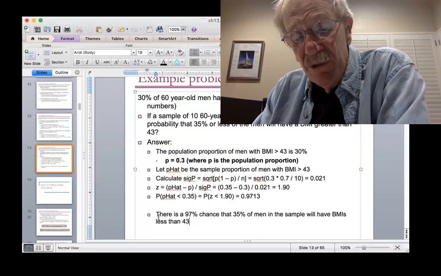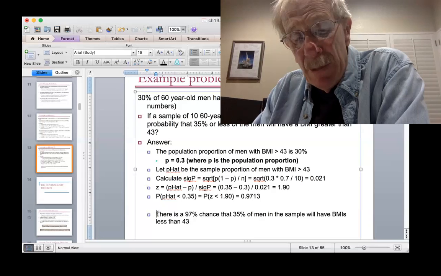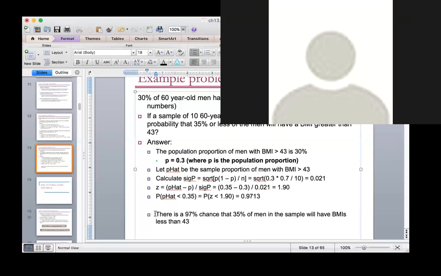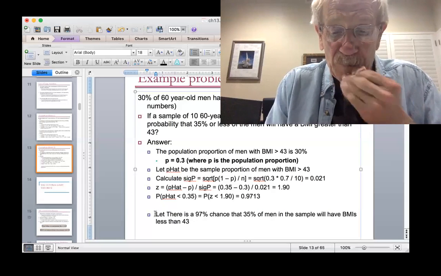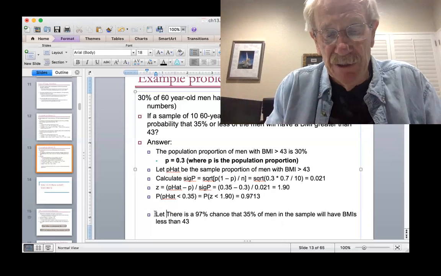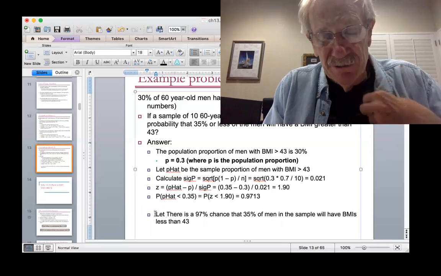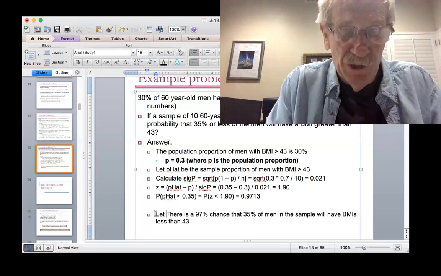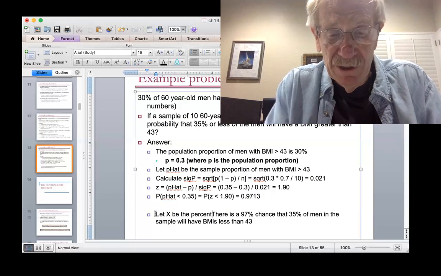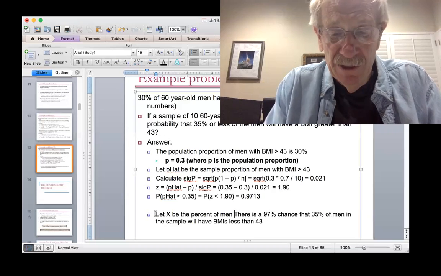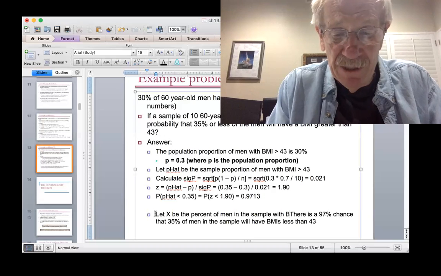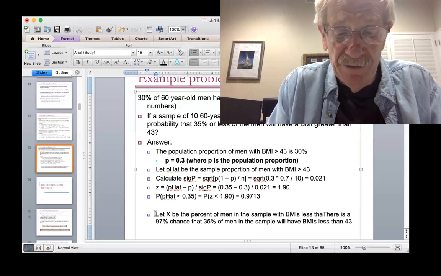Is that confusing? Yes, it's confusing. Sorry. Okay, let me pick a letter. X. I'm going to let X be the percent of men in the sample with BMIs less than 43.